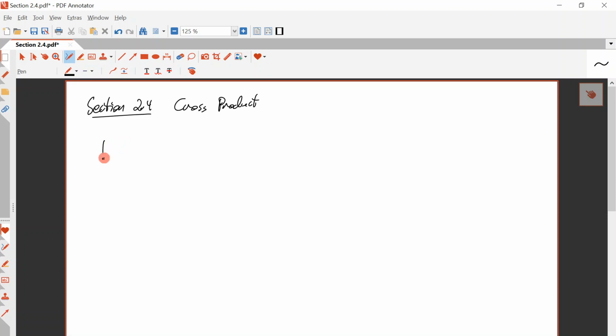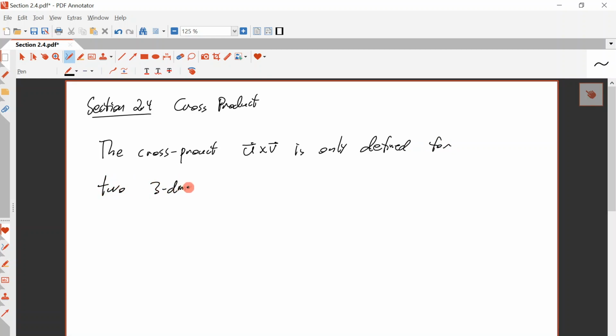So the cross product U cross V is only defined for two three-dimensional vectors only.